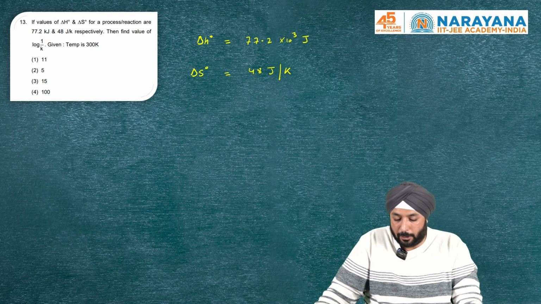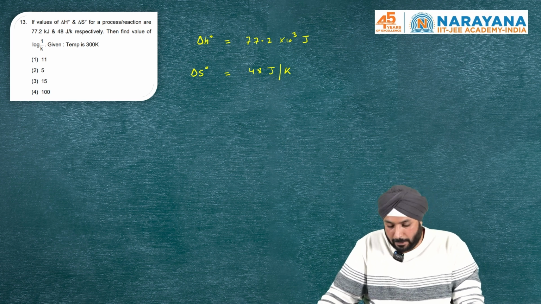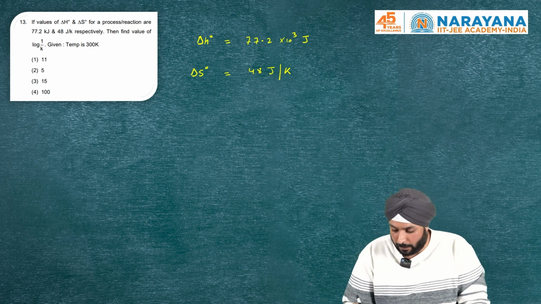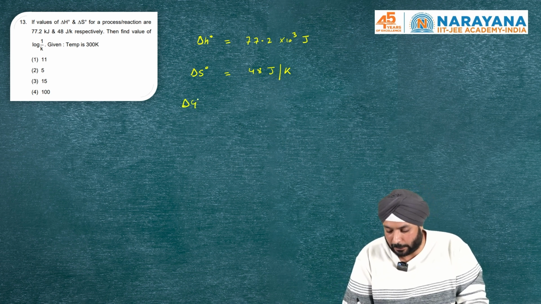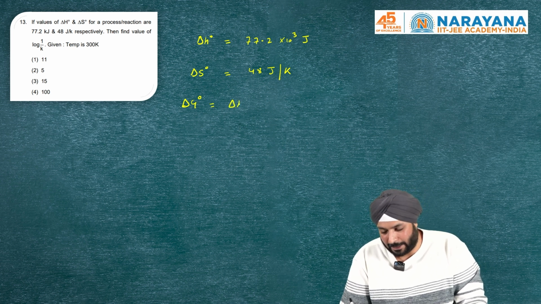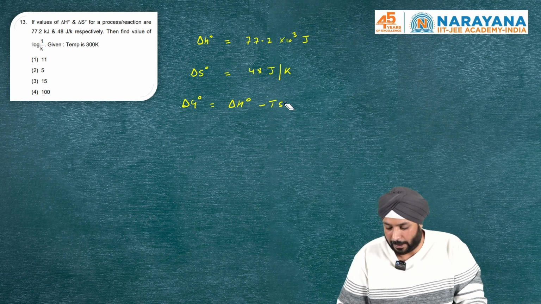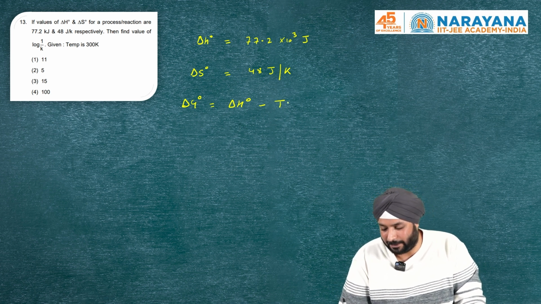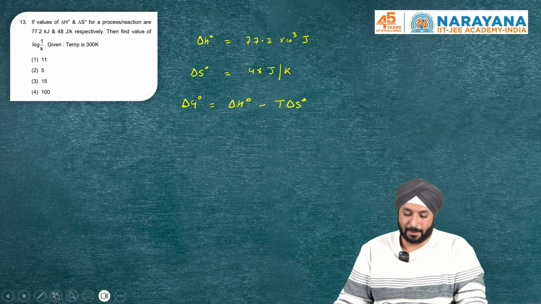Now find the value of log 1 by K. Here K is the equilibrium constant, right? Now here first you calculate delta G naught. Delta G naught is defined as delta H naught minus T delta S naught, right?